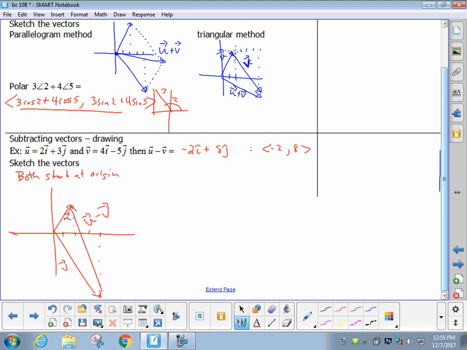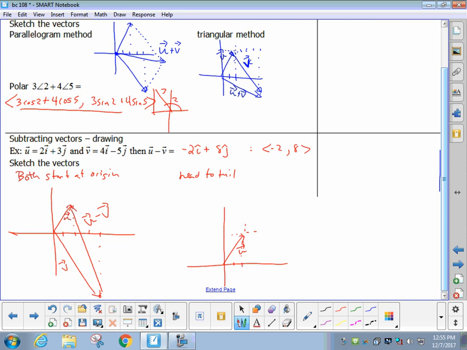So one is to draw both starting vectors from the origin. The other is the head to tail kind of version. If I drew U first, it's right 2, up 3, here's U, and then from the head of U, I'm going to draw, sorry, negative v. I need to do negative v.